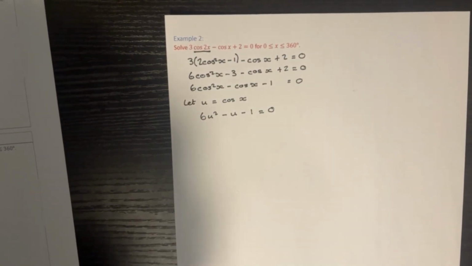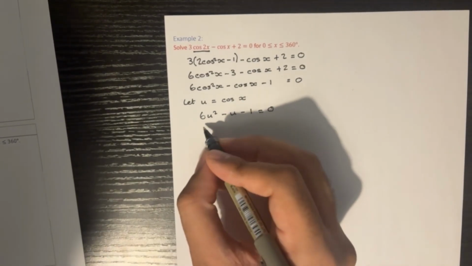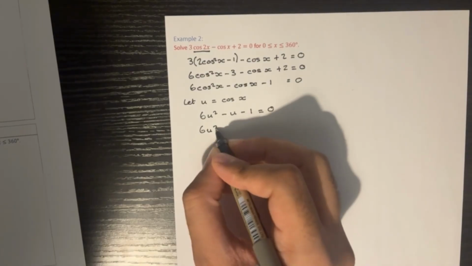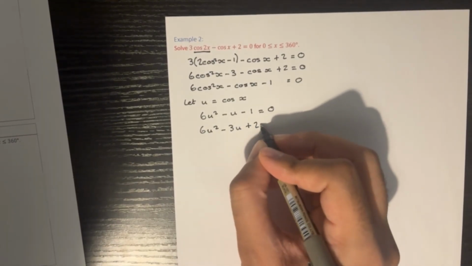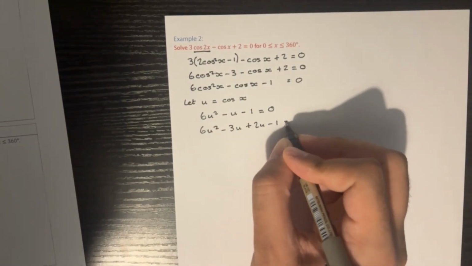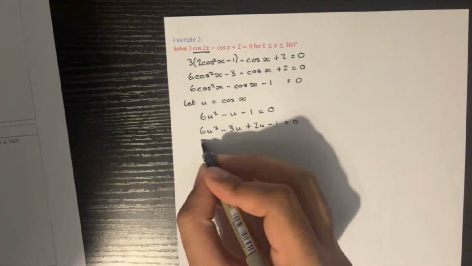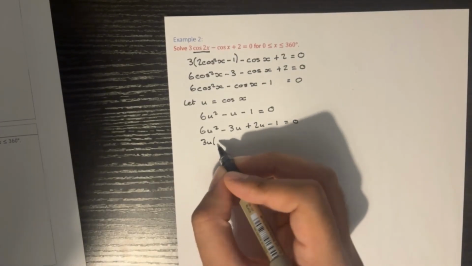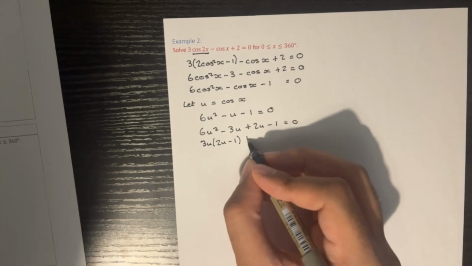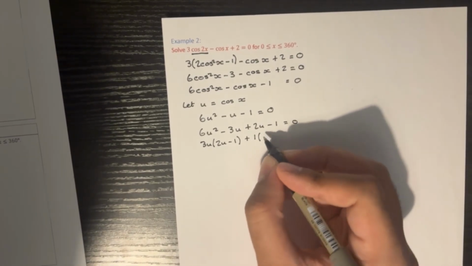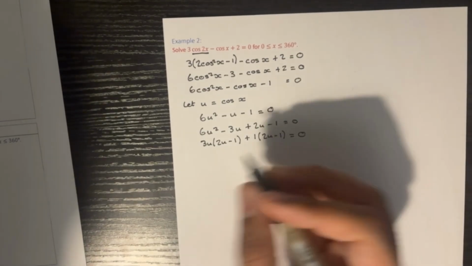This is one that we can spot factorizes, because I can write this as 6u squared subtract 3u plus 2u subtract 1 is equal to 0. And then in factorizing each half, I've got 3u lots of (2u subtract 1) plus 1 lot of (2u subtract 1) is equal to 0.